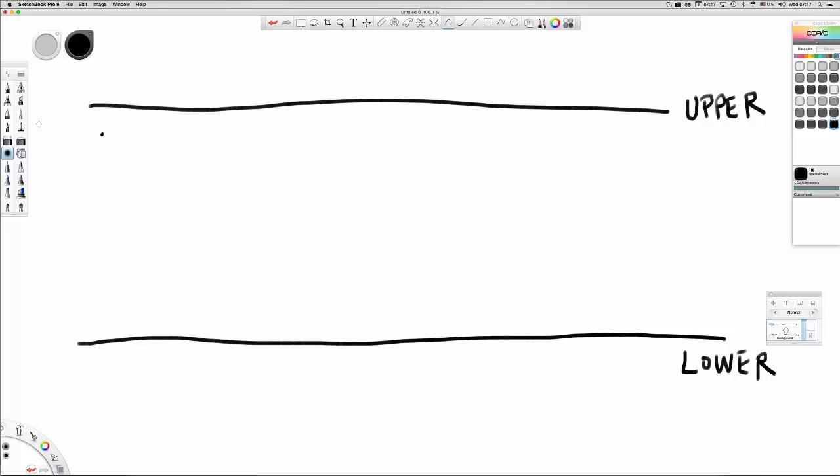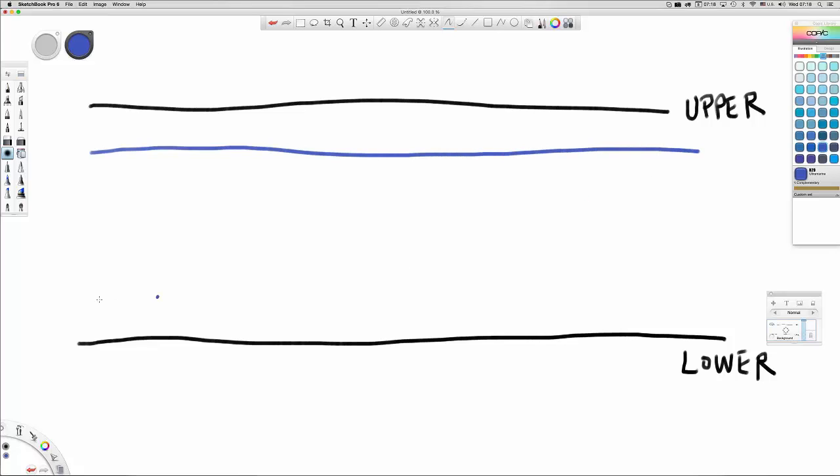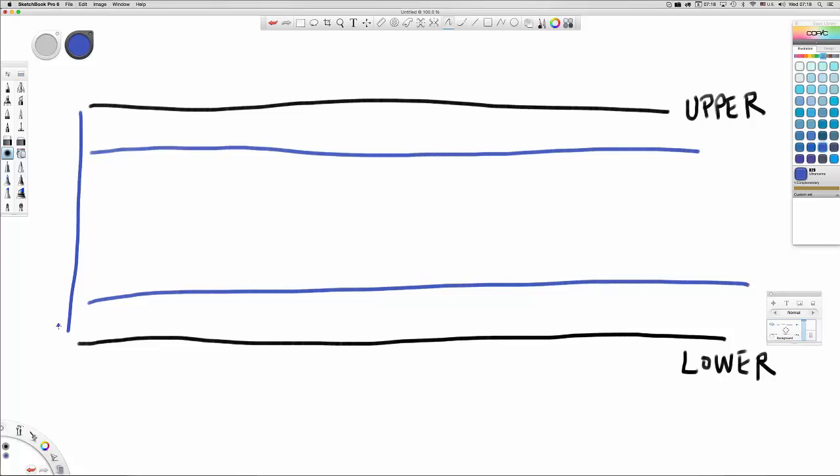Okay? So what I did is, let me change colors here. I created a boundary so that if this is my total width of the band, this line here would be the top 20%, and this would be the bottom 20%.